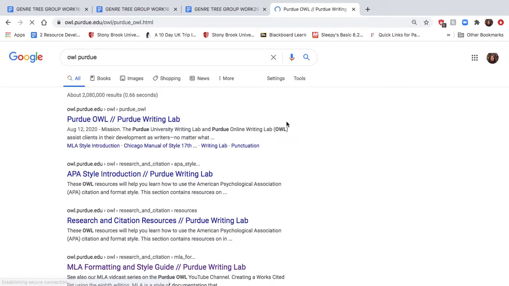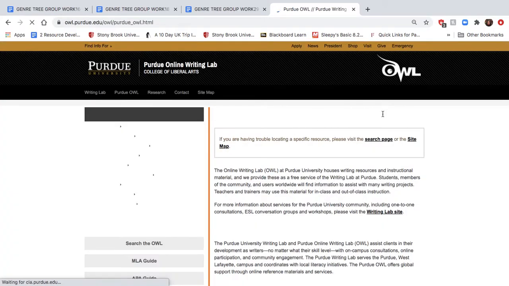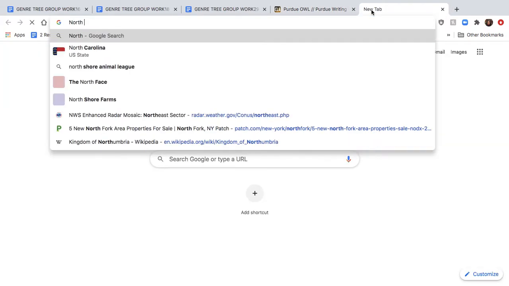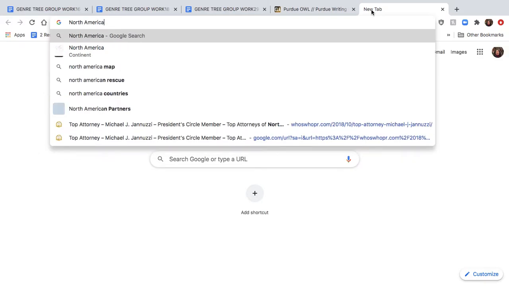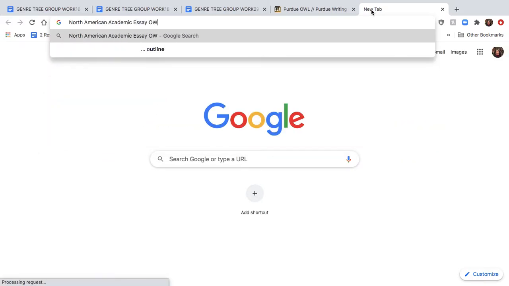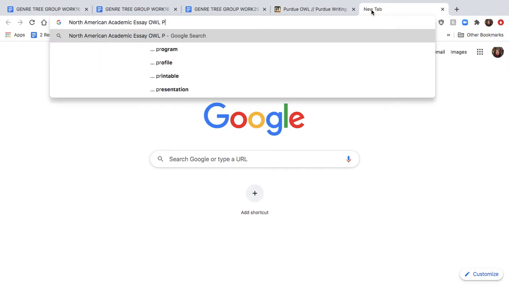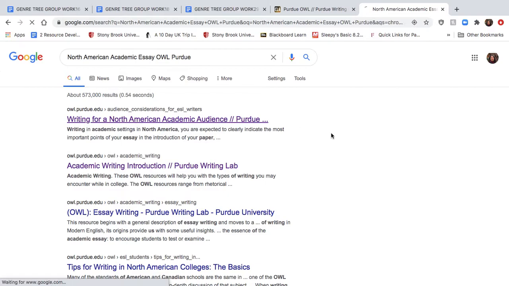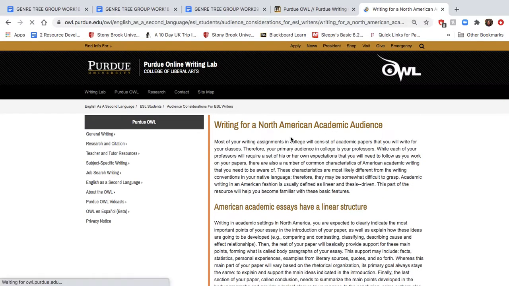And I'm going to go into the Purdue Writing Lab and do a basic search for the North American academic essay. You can actually just search in Google if you want to do that, American academic essay in OWL Purdue, and it'll give you that page straight away instead of searching for it in the Purdue site.